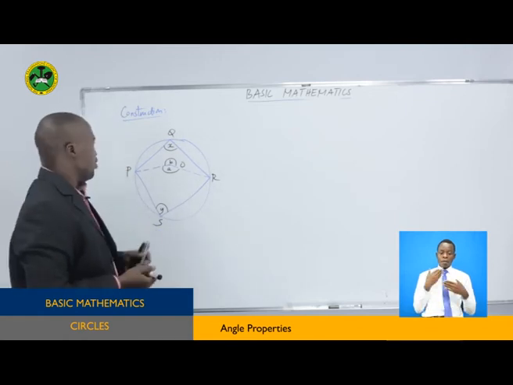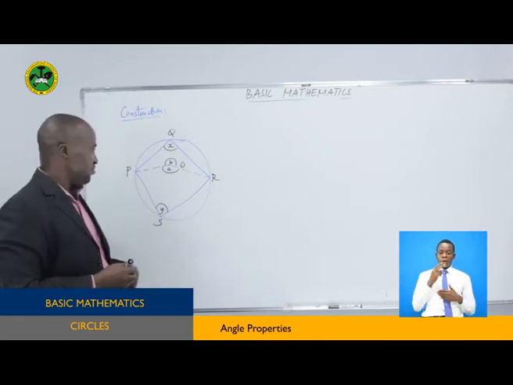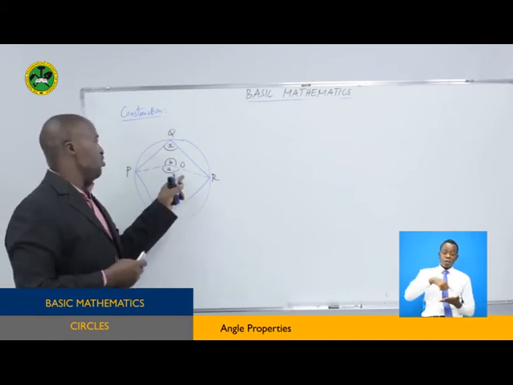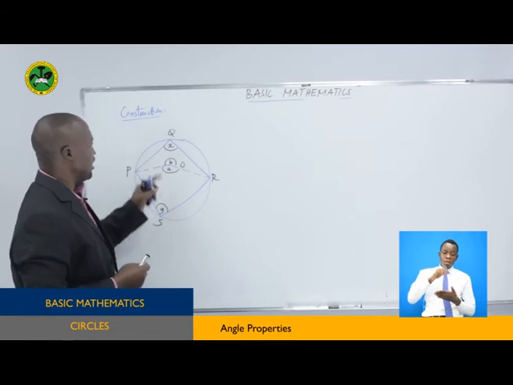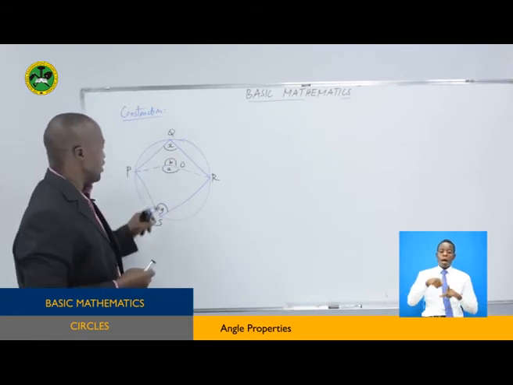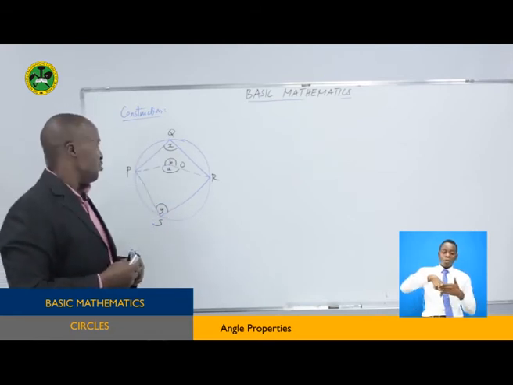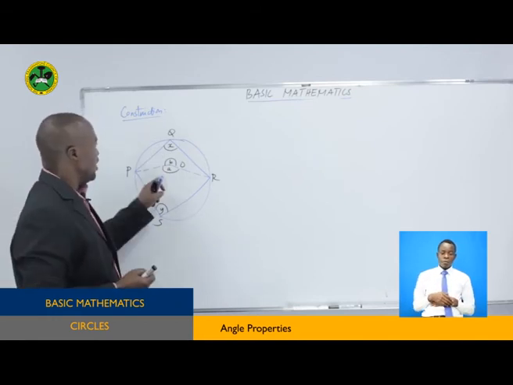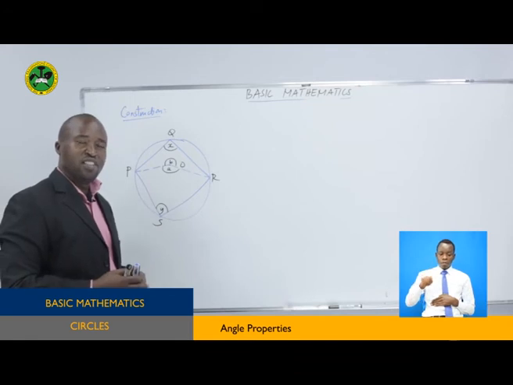So students, consider this construction. So we have a circle with center O, and there are two angles at the center and two angles at the circumference of the circle. X and Y are at the circumference of the circle, while A and B are at the center of this circle.